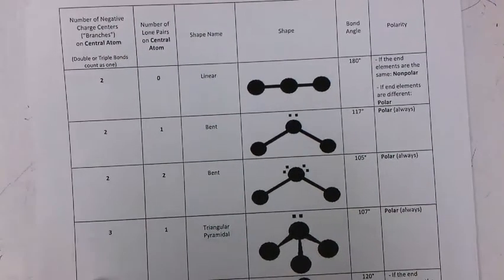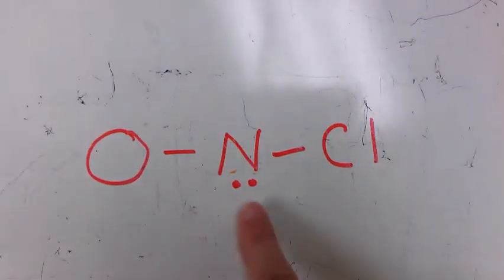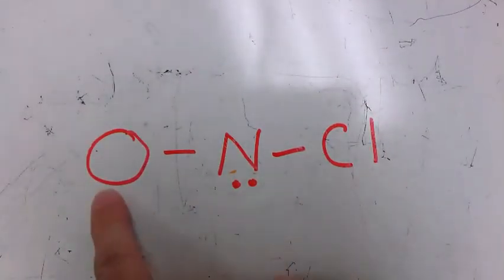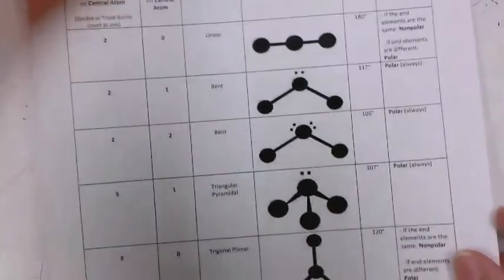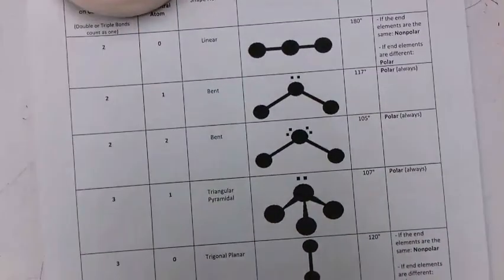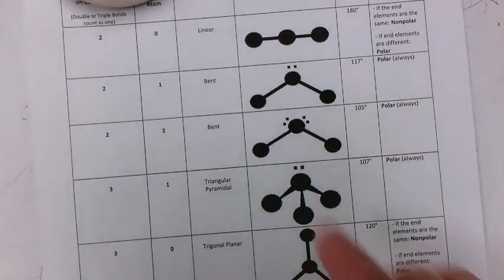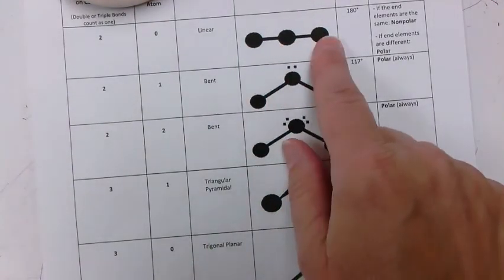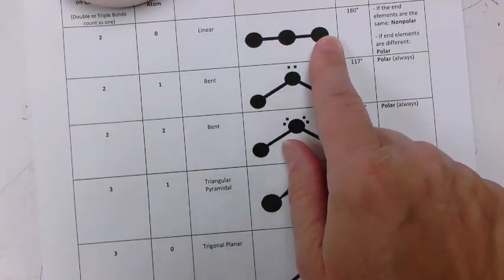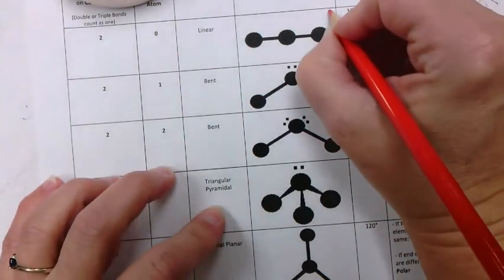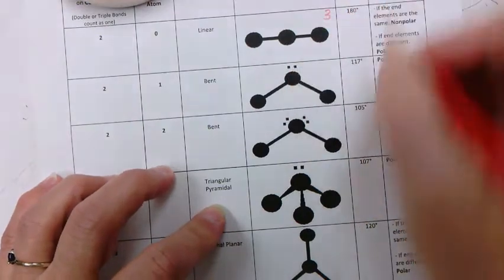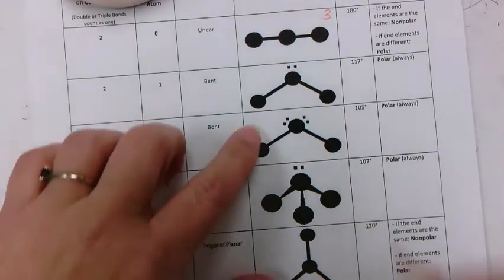The first thing that I do is I look at how many atoms are there, right? How many individual atoms are there? So in this case, we have 1, 2, 3. So when I look at my sheet, I'm looking for the number, right? So 1, 2, 3. That means that this one has 3 atoms, okay?